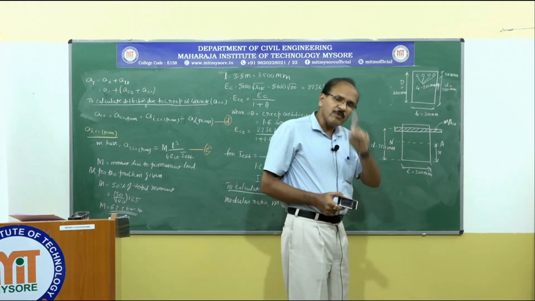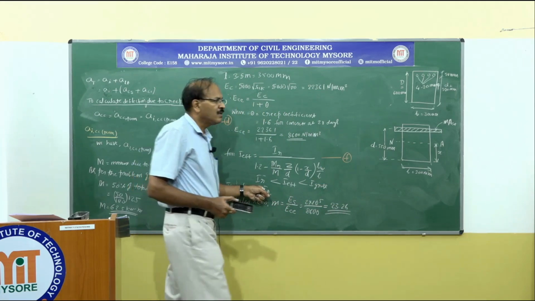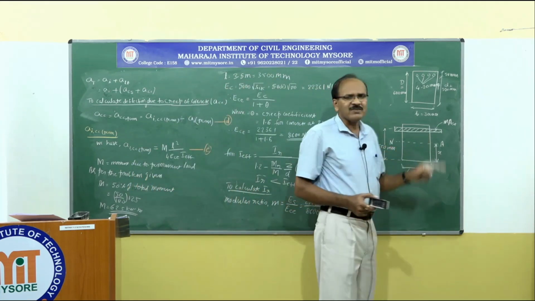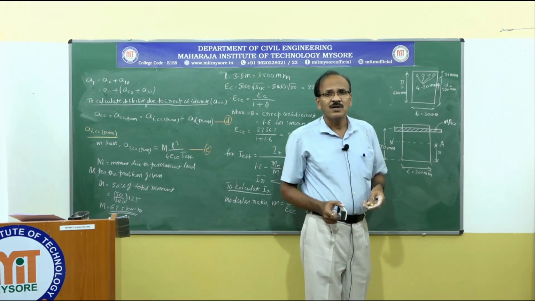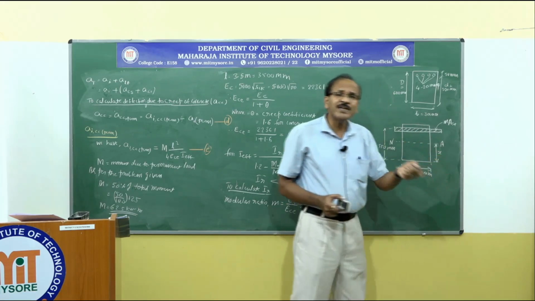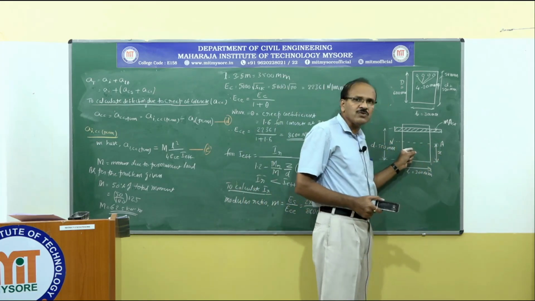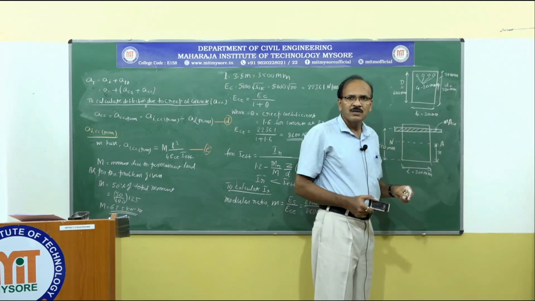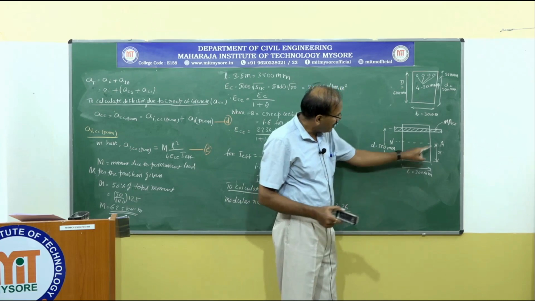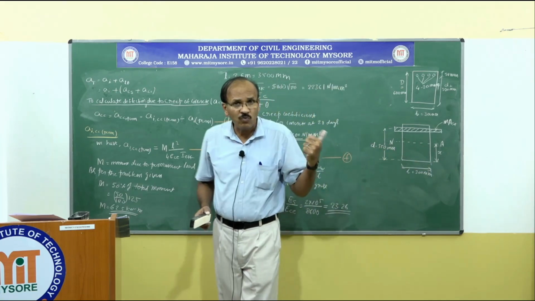So, before finding out the moment of inertia IR, that is the moment of inertia of the cracked section, we need to know what is the depth of the neutral axis, which is x. To know x, what we do is we need to equate the moment of area of the compression zone and the tension zone about the neutral axis. We will have only one unknown, that is the x value, and by solving that equation we can find out what is x.